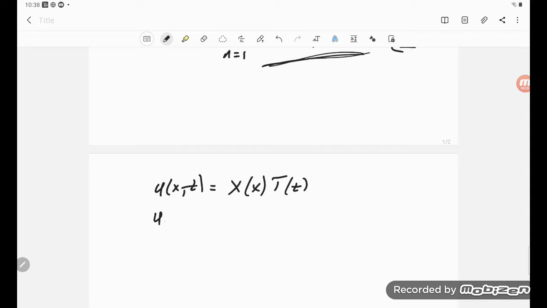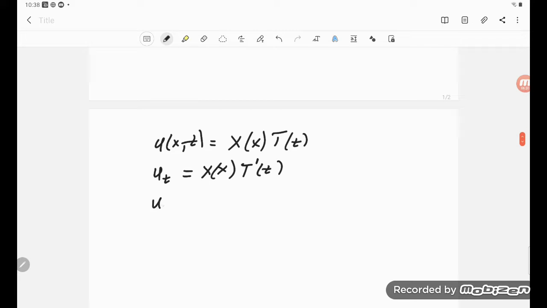Then if I want to find u sub t, right, that would just be X of x, and then T prime, like that.